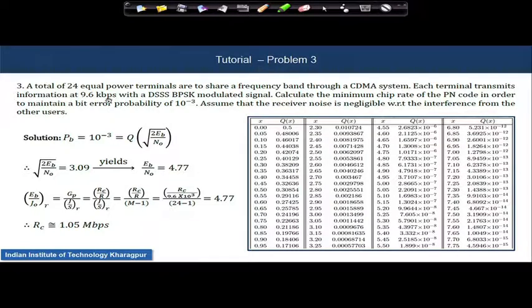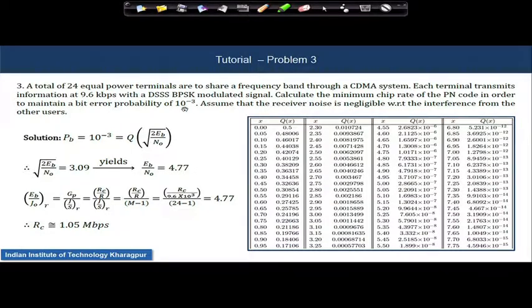We have been given the rate of data transmission, which is 9.6 kbps, and we have to calculate the chip rate of the PN code, that is Rc, and the specification is that the minimum bit error probability should be 10 to the power of -3. Importantly, the system is a direct sequence spread spectrum BPSK system.